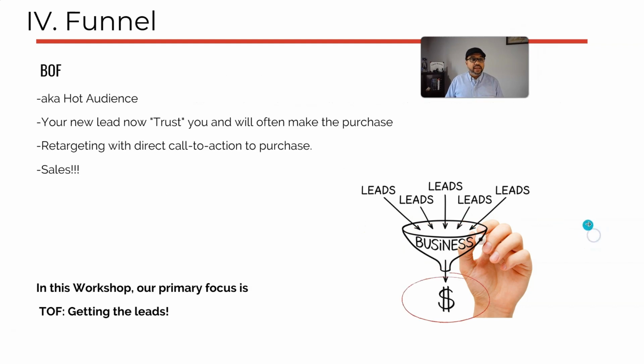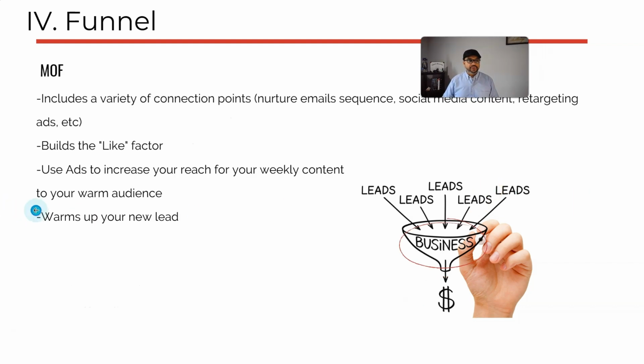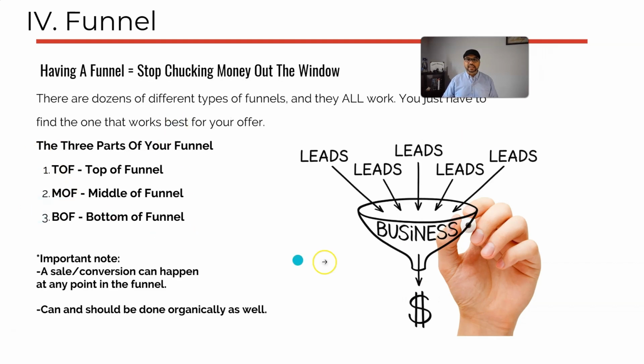Okay. So again, the bottom of funnel. Now your leads trust you. They've gone through this process. They've known you. They get a lot of value. And this is one of the reasons why sometimes webinars and challenges and all these things work so well to a cold audience for the right offer, because you can do all 3 of these in a webinar.